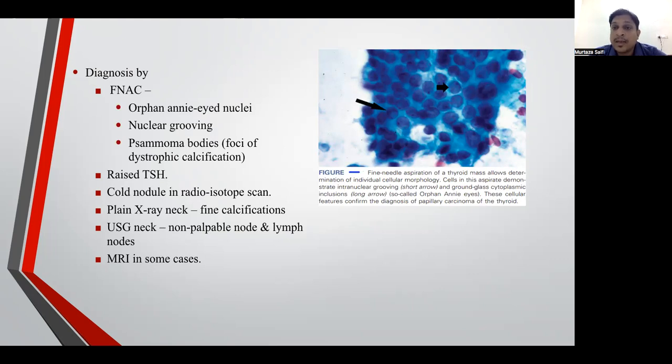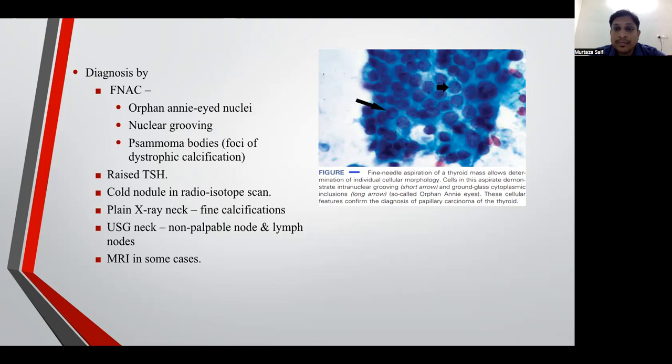You can see clearly that cells in this aspirate demonstrate intranuclear grooving and ground glass cytoplasmic inclusions. Ground glass inclusions are clearly seen in this picture.